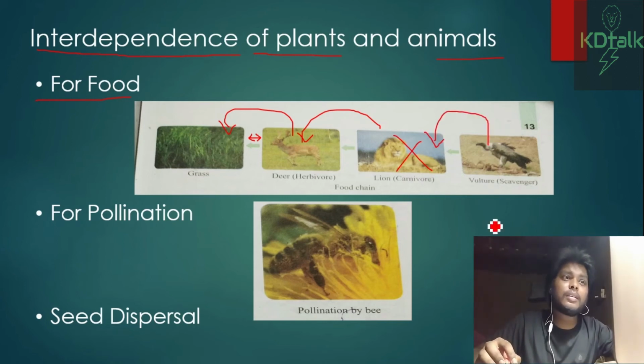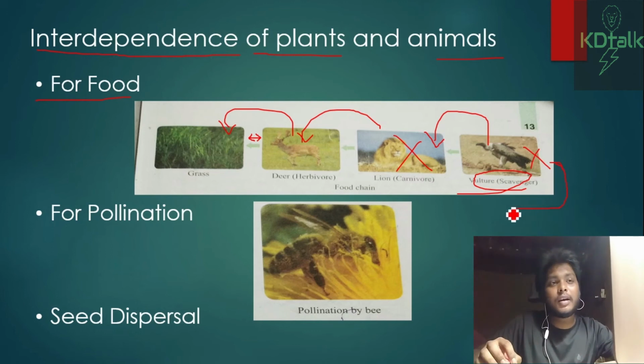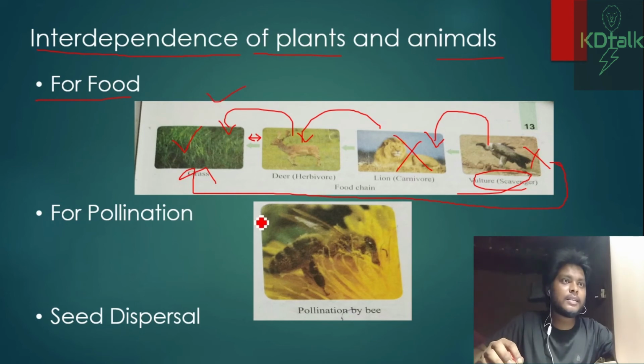And when the lion dies, who will eat it? The scavengers like vulture. And when the vulture dies, it will decompose and form nutrients, and these nutrients will be used by the green plants. It is like a cycle.